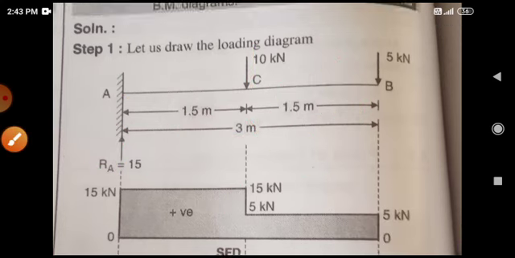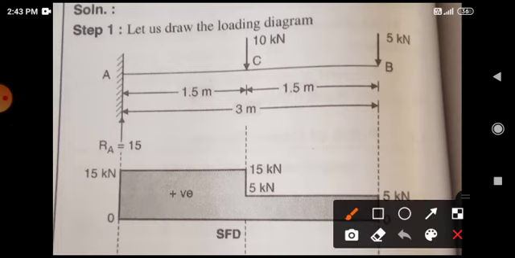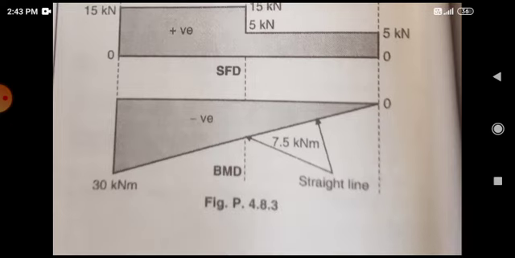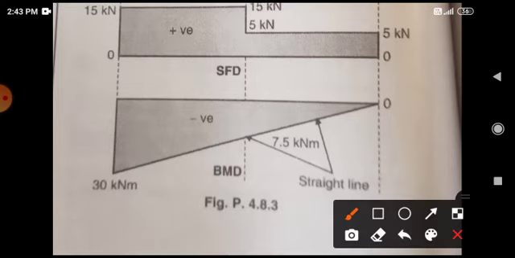So the total bending moment at A is equal to 22.5, but it is downward direction because it has a negative sign.